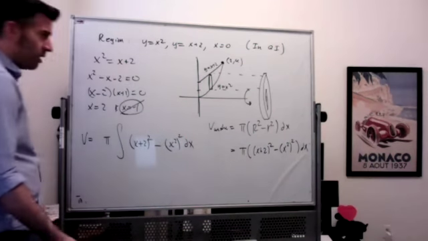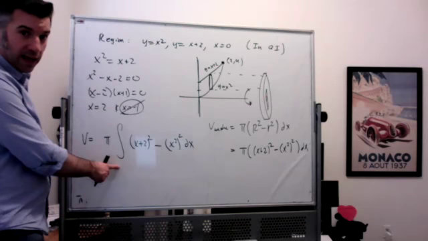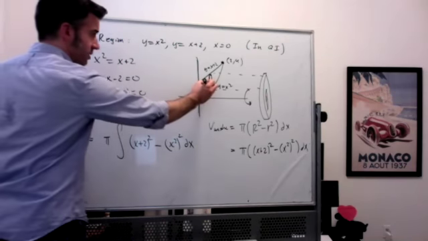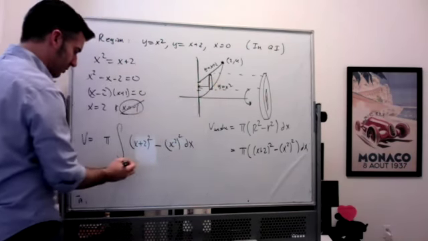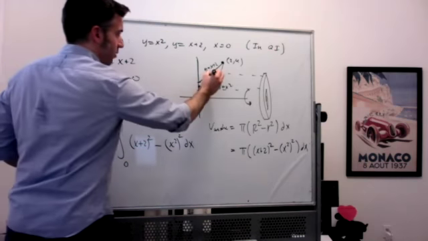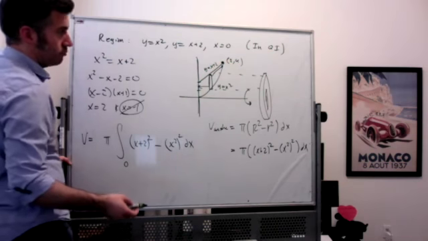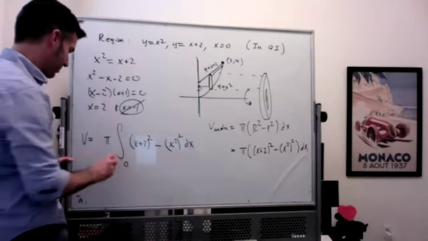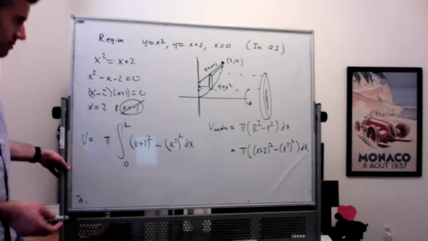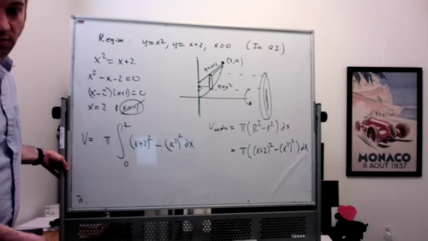My lower limit of integration: this goes as far left as x equals 0, and as far right as x equals 2, sorry. And that would be how we set this one up.